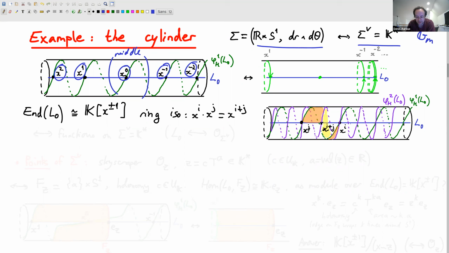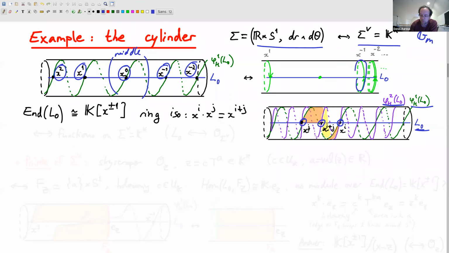And a small combinatorial exercise here is if you look at any 2 pairwise intersections of the one that wraps at speed 2 with the one that wraps at speed 1, and that one with the one that doesn't wrap, then there's a unique triangle drawn on the cylinder with vertices at these two intersections, and its third vertex is at the intersection of L0 with the thing that wraps at speed 2, that starting from the center is at position i plus j.